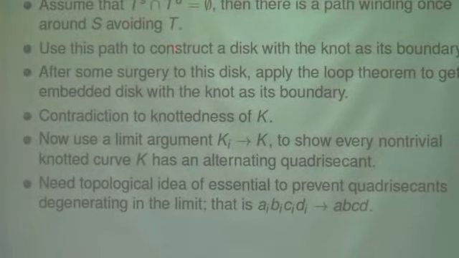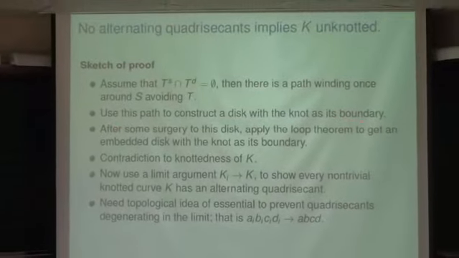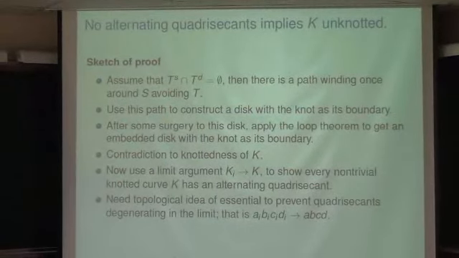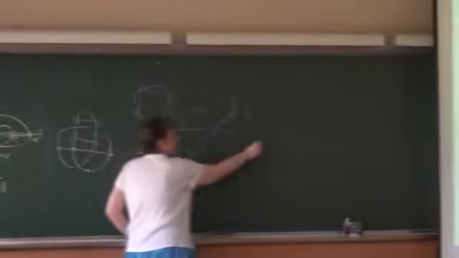That's what I just talked about. So what we're going to do is use this path to construct a disk with a knot as its boundary. Think about this point on this curve. This is going to be a point AB, say.